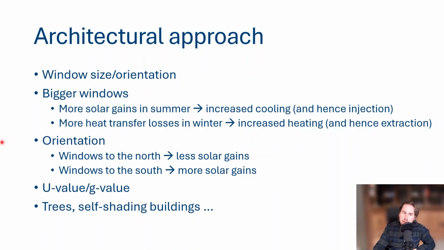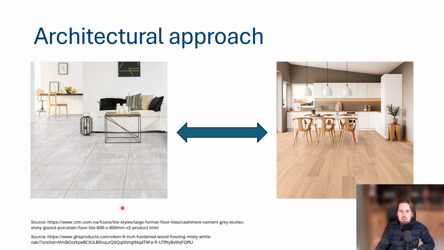And one of the most common design choices, I should say, is related to the floor, because it's an aesthetic choice. I've put here two floor heating systems, one with ceramic tiles on the left, and on the right we have a hardwood floor.